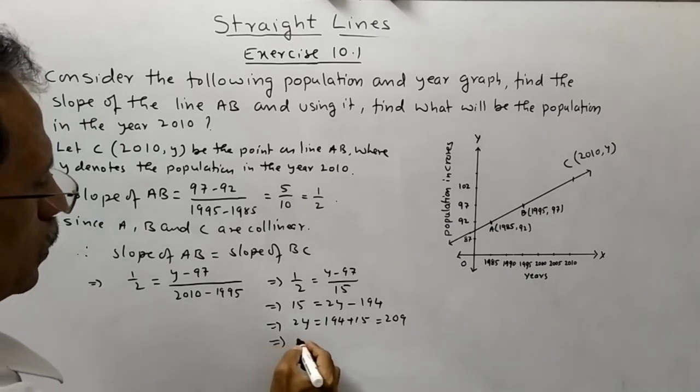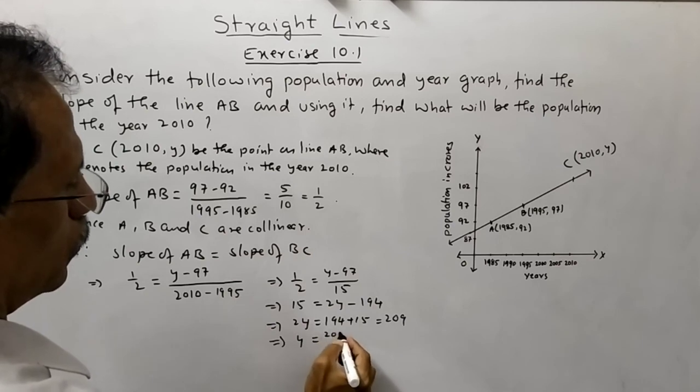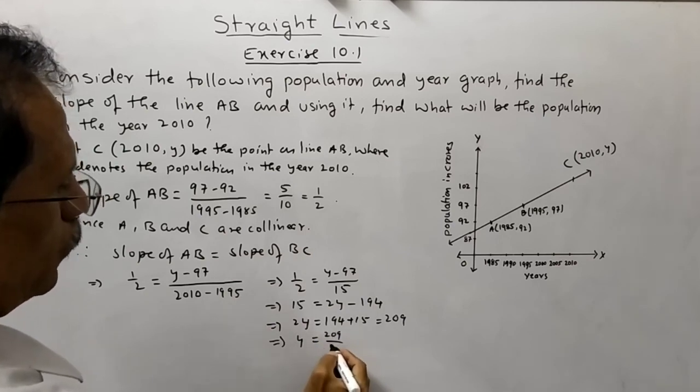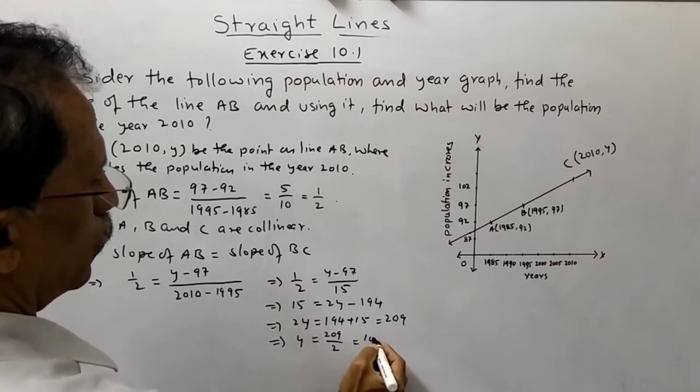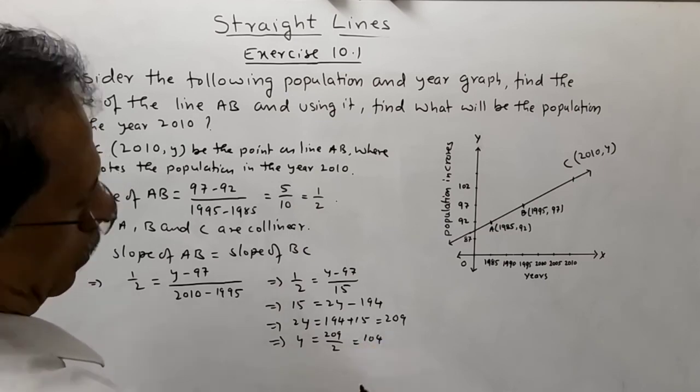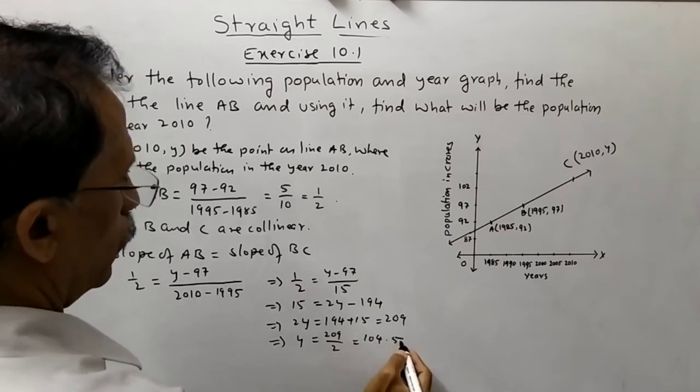This implies y is equal to 209 divided by 2 is equal to 104.5.